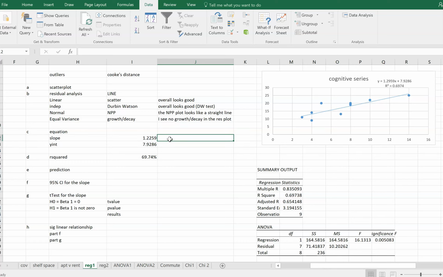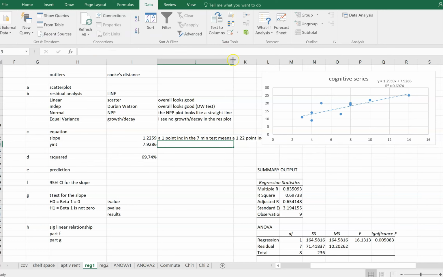Well, think about the question. The question is all about predicting scores, right? In this respect, we're looking at a 1.22 differential between one test and the other test, and you have to understand what it means. It means a 1 point increase in the 7-minute test means a 1.22 point increase in the cognitive test.